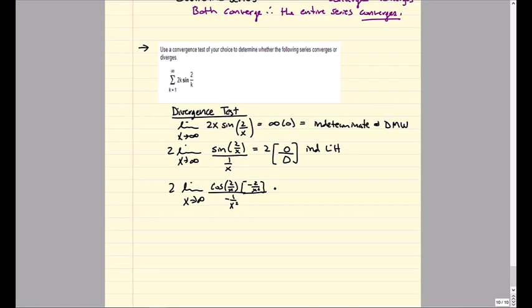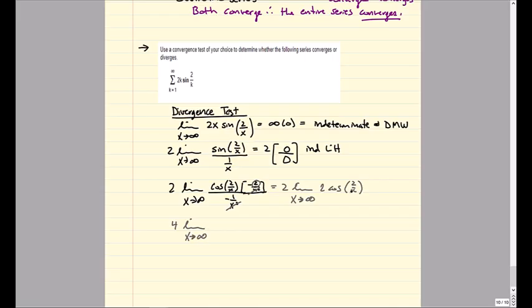So simplifying, again I have that 2 out front and I have the limit as x approaches infinity. A negative times a negative is a positive. Then I have this 2, and then these x squareds cancel. And then I have the cosine of 2 over x. So 2 times 2 is 4, and then I have the limit as x approaches infinity of the cosine of 2 over x.